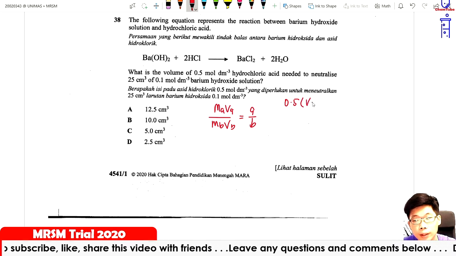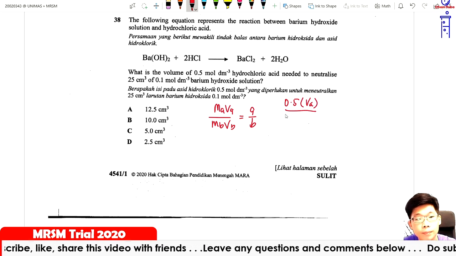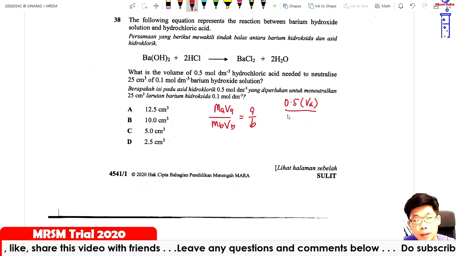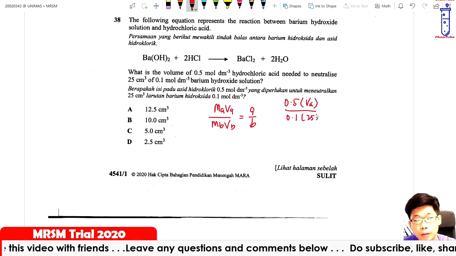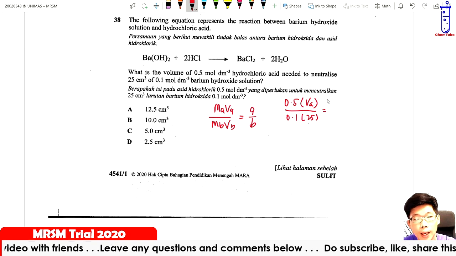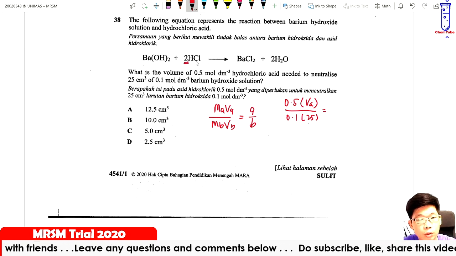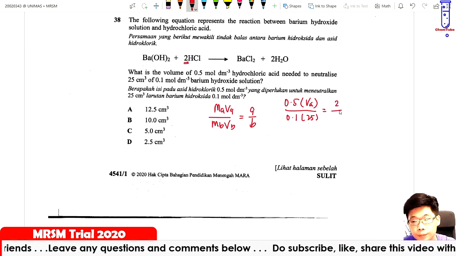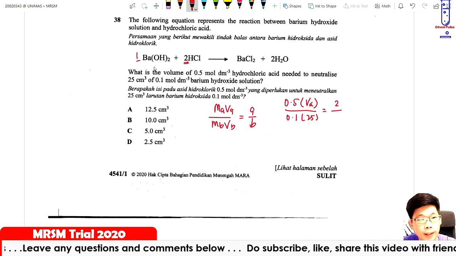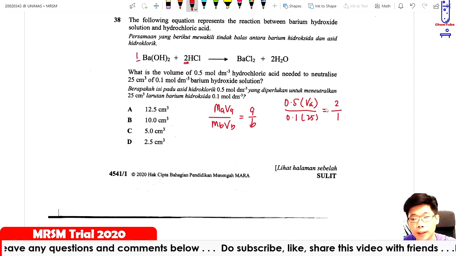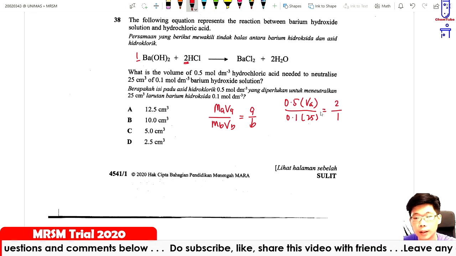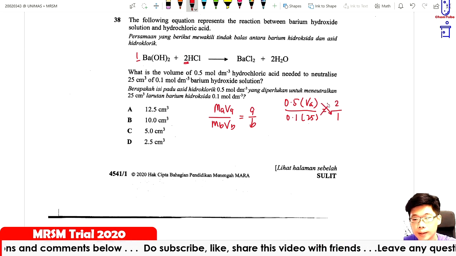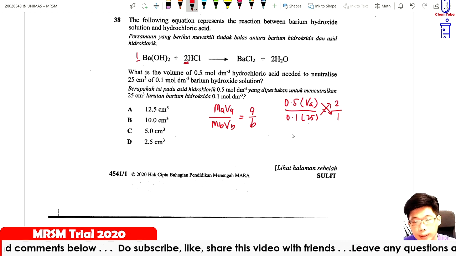So we need to find out the volume of acid. MB would be 0.1. Over A is for acid, so acid is 2, then this is 1. So 2 over 1. Use the cross multiply, so we will get the VA.